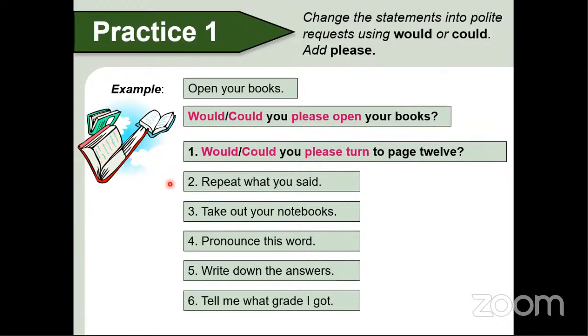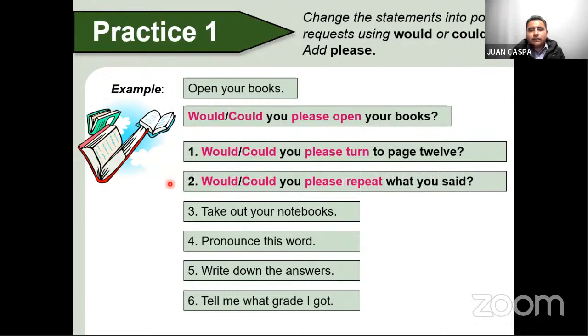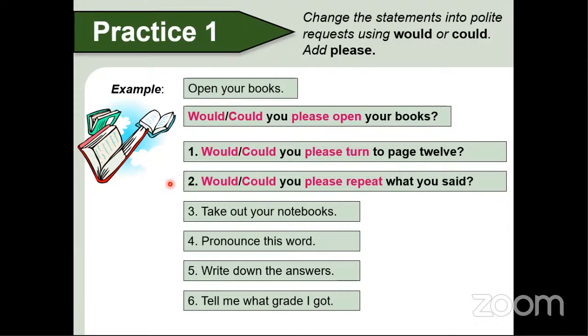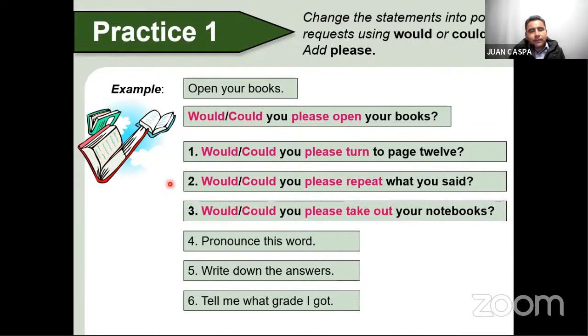Okay, could you please repeat what you said? Very good. Number three, please, Mr. Roger. Could you please take out your notebooks? Great. Number four, please.